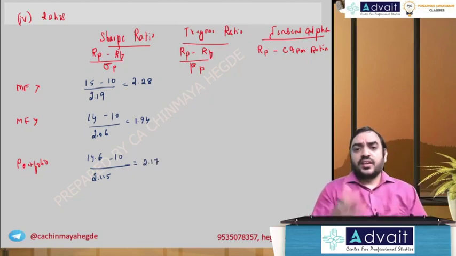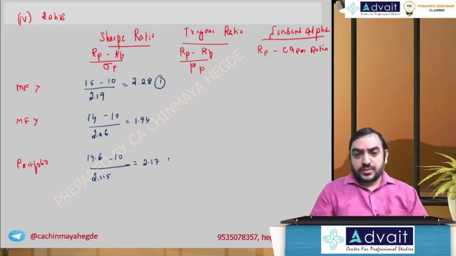Sharpe ratio, Treynor ratio, Jensen's alpha, for all of them, the higher the ratio the better. Sometimes they ask you to rank, so if you rank them, MFX would come first, portfolio would come second, and MFY comes third.